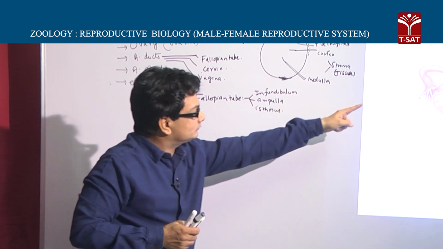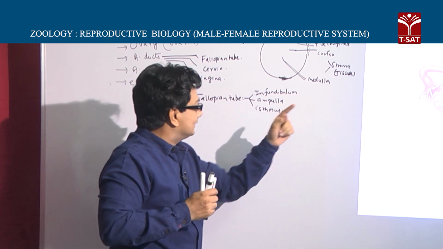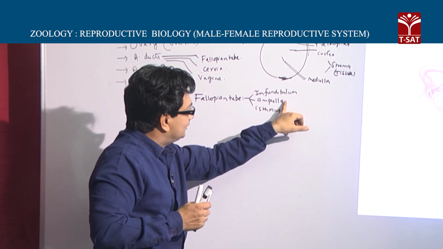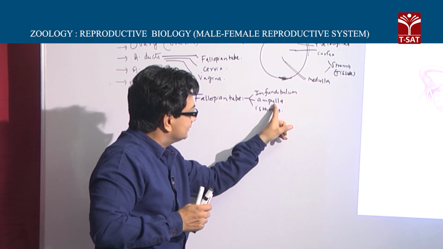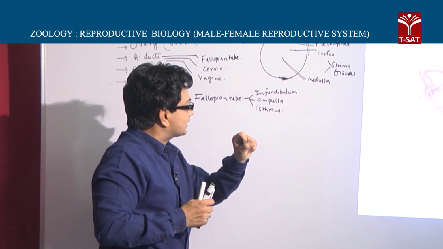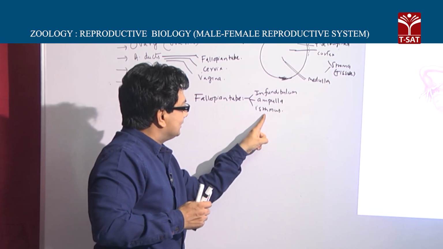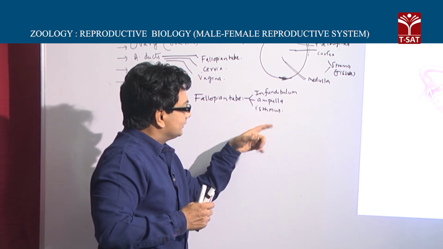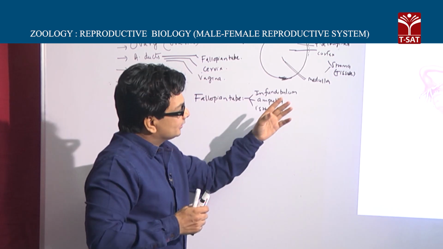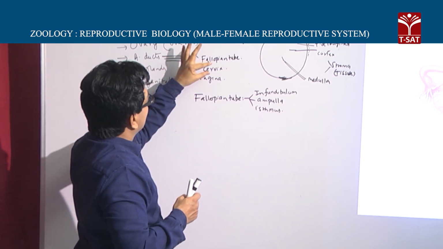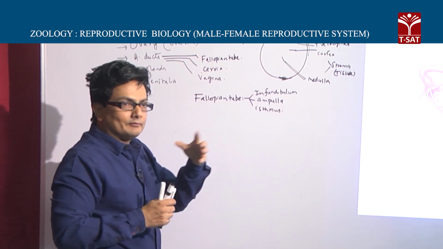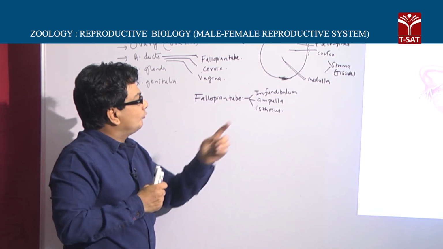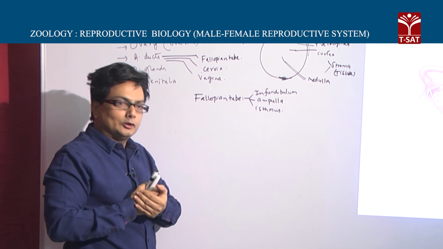The infundibulum, as you see, is a bit wider and leads into the ampulla, and the junction between the ampulla and the isthmus is called the ampullo-isthmic junction, the site of fertilization. Finally, a bit narrow tube, the isthmus, leads into the next part. What are the functions of the fallopian tube?